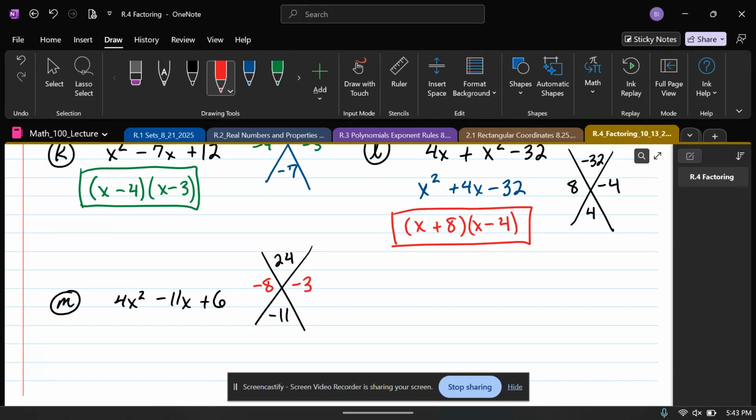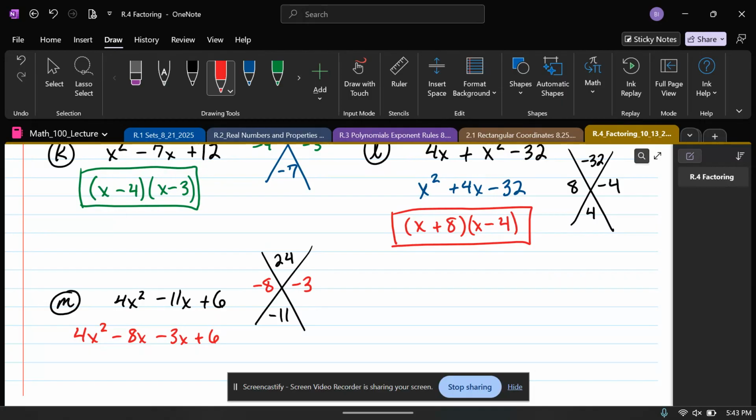Can I go straight to my factors? No. Because there's a 4 in front of the x squared, this is where the grouping comes back. So I'm going to regroup it. 4x squared minus 8x minus 3x plus 6. Technically, it does not matter which one you put in the front, either the negative 8x or the negative 3x.